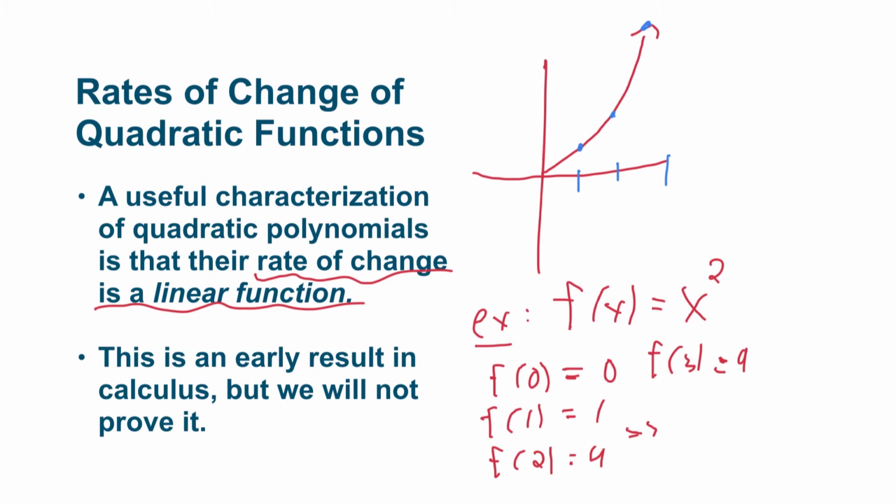How much am I changing? So what are the change rates? Well, 1 minus 0 is 1, 4 minus 1 is 3, 9 minus 4 is 5. So this looks an awful lot like a linear function, and that function has slope 2. Calculus will make this precise. But this observation is that even though quadratics are growing very quickly, their rate of change is only a linear polynomial. So the rate of change doesn't grow so fast.